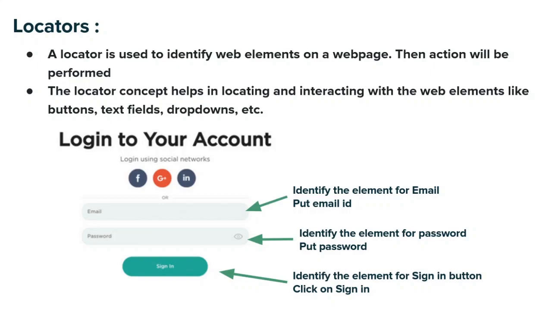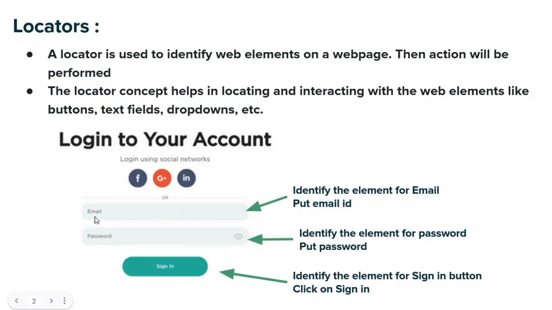In test automation, whenever we write a test case and execute it, we basically perform actions on web elements. Let's say I want to perform a login action on the screen. Before login, I first have to identify the element in which I can put my email, then the element in which I have to put the password.